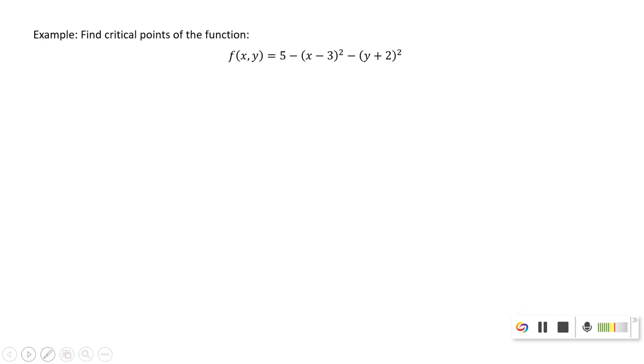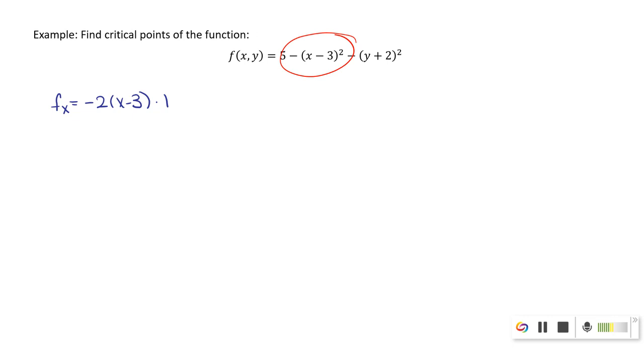So let's just start by doing an example of finding critical points for a function of two variables. So I have the function f(x, y) equals 5 minus (x minus 3) squared minus (y plus 2) squared. So first thing I'm going to do is find my first partial derivatives. So if I take the derivative of this function with respect to x, let's see, only term with an x in it is the middle one.